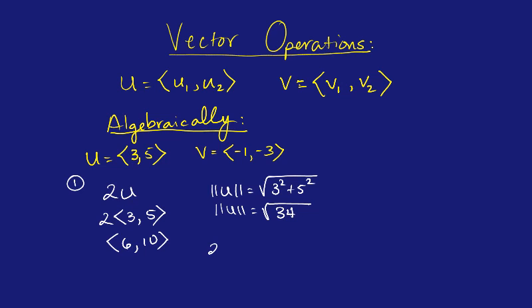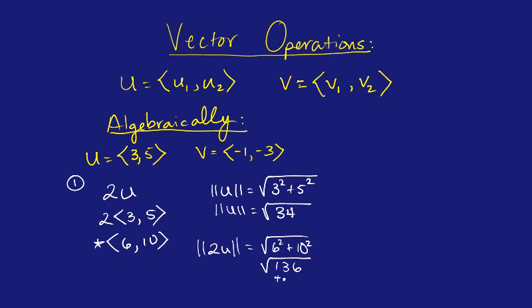If you take 2u and you do the magnitude, so this is 2u right here, if we do the magnitude of this guy, it's going to be the square root of 6 squared plus, right, 10 squared. And so now we have the square root of 36 plus 100, 136. And it's not too crazy, but if you think about it, you would have a 4 in here.